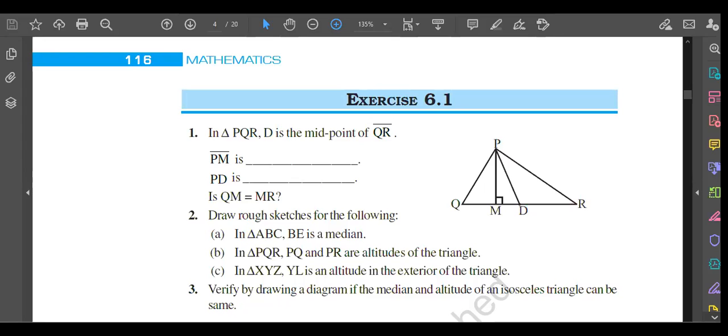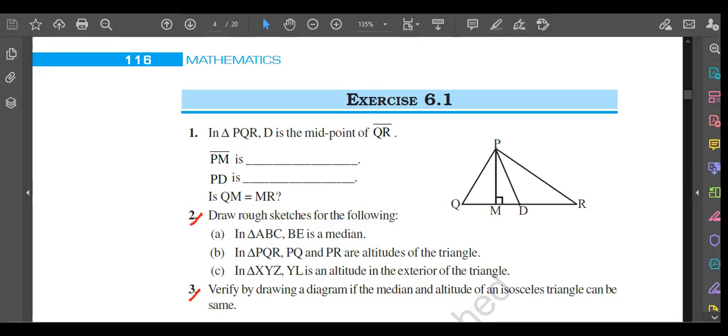No, very good. But if I'm asking is QD equal to DR? Yes, very good, everyone. Okay, so question number two, you have to draw. I guess you can draw question number two. So 2 and 3 will be your homework.